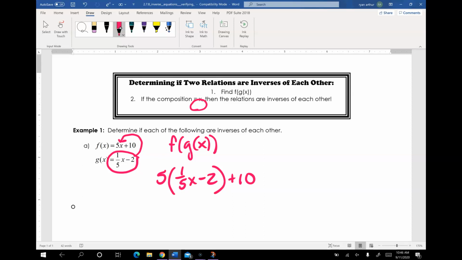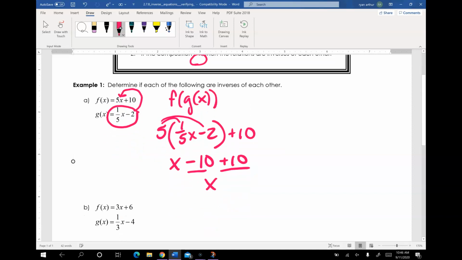So first we distribute that 5, all right? So 5 times 1/5, if you use your calculator, those actually cancel out and give you 1. And we don't have to write 1, we're just going to write x. And then 5 times -2 is -10. Drop down your positive 10. Clean it up. -10 and positive 10, they give you 0, right? So my final answer is x.